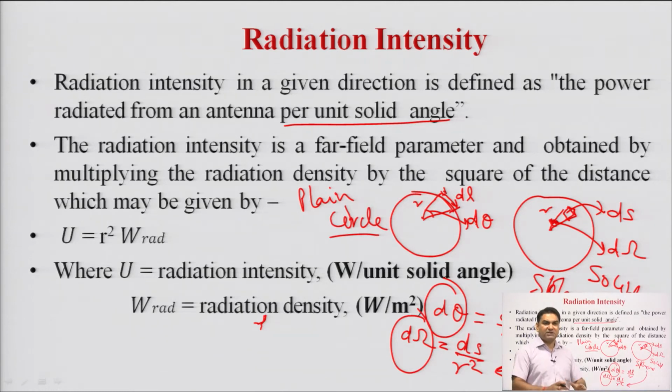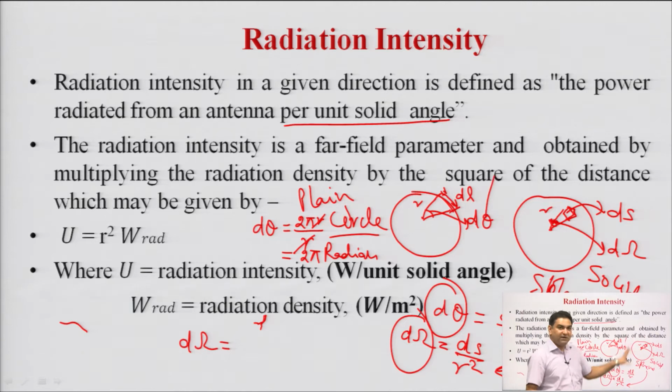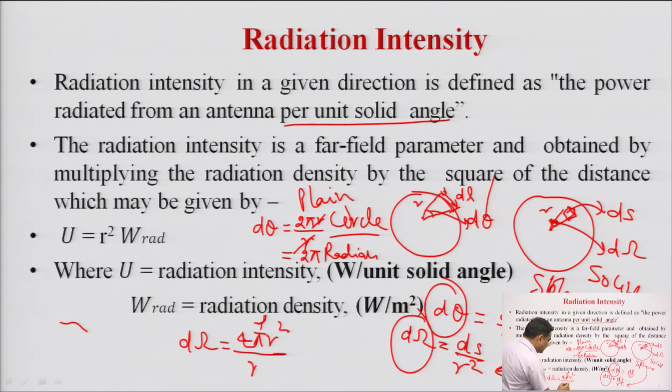It means for describing the complete plane angle, we can say that this d theta for a complete circle is given as 2 pi radian, and in the same way we can define the complete solid angle, like this d omega is equal to the complete surface area of the sphere, that is equal to 4 pi r square, upon r square.